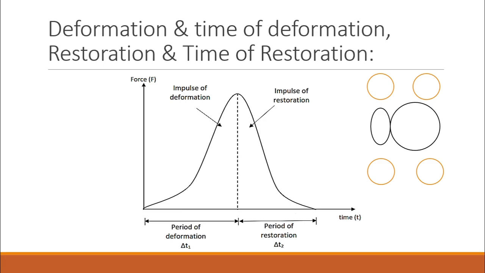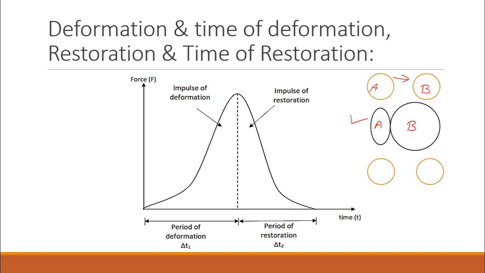First we will understand what deformation and restoration are. Consider two bodies A and B moving in the same direction. Body A, or particle A, collides on B, and for a certain time there is a change in shape of particle A. We can clearly see this in the second figure.